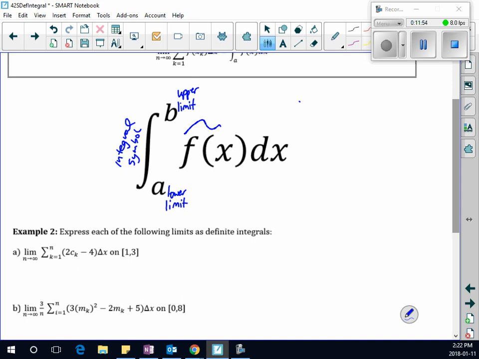This is called the integrand. Of course, it's the function.